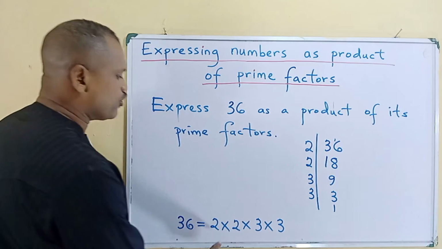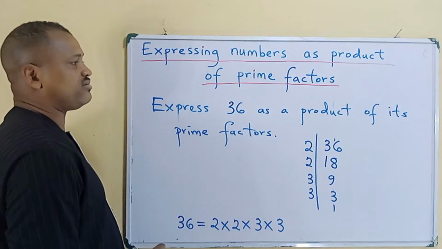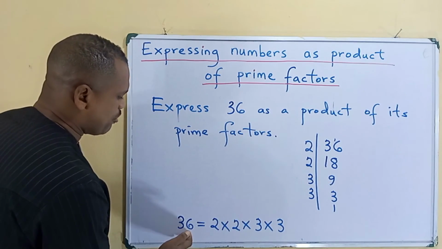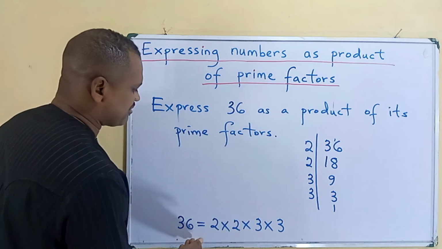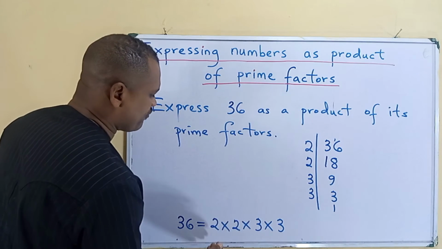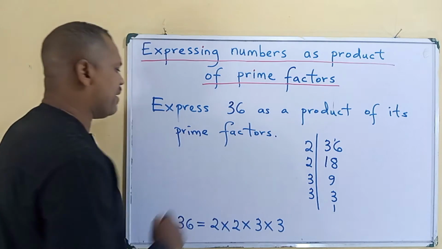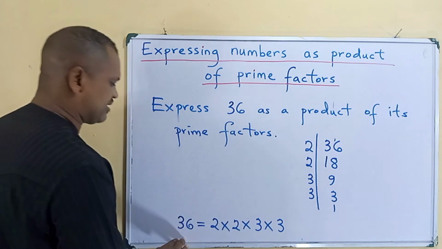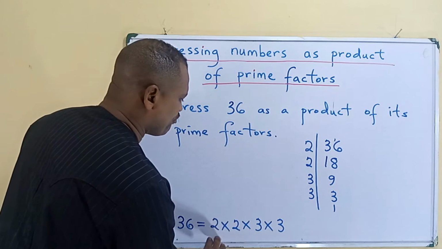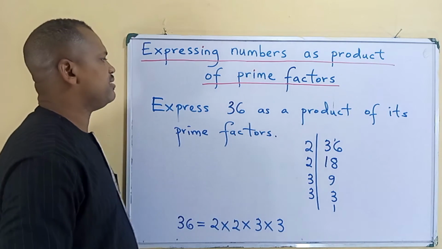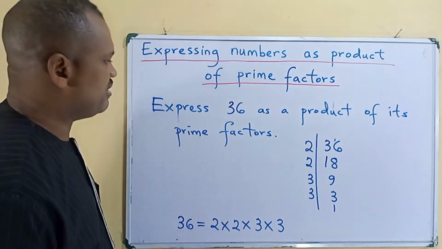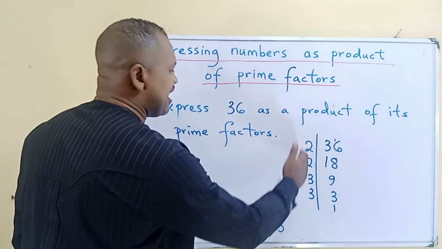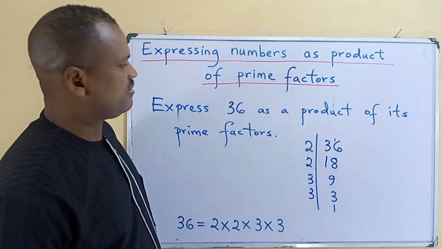Apart from that, they are also prime numbers. That's how we get the prime factor. So here, this number has been expressed as product of its prime numbers. The numbers here are all factors of 36, and they are prime numbers. So that is basically what it means.